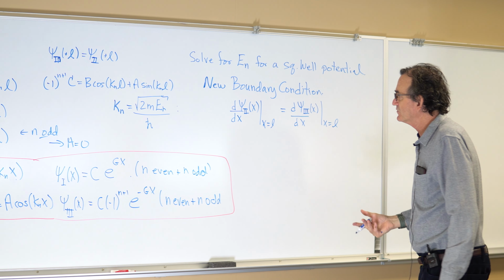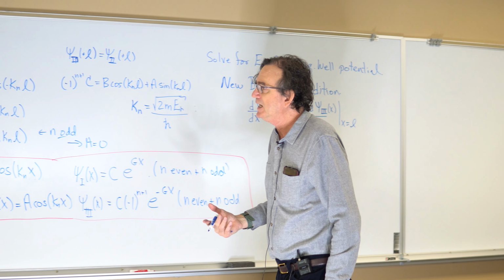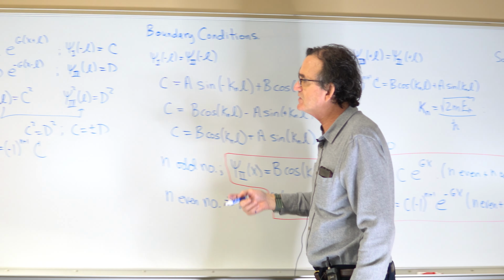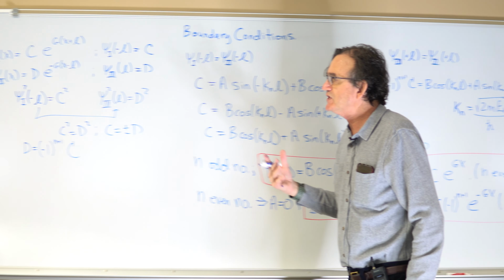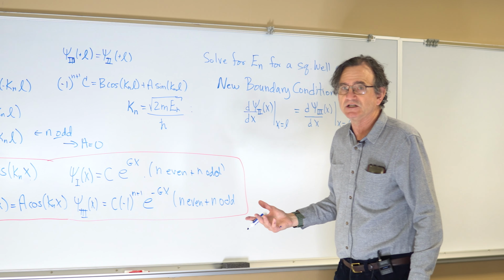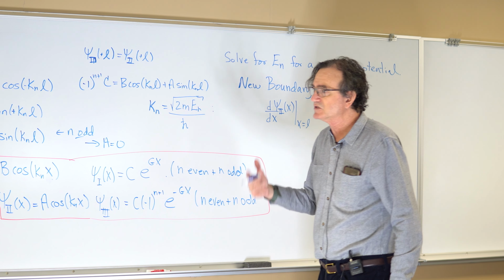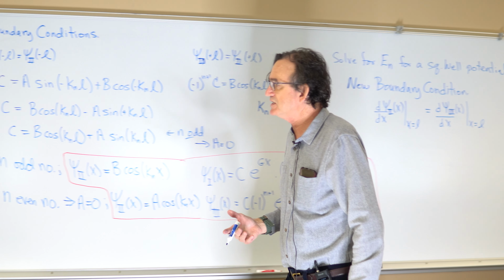And there are a couple of reasons for that. One is that the Schrodinger equation involves the second derivative, and the second derivative can only exist if the first derivative is continuous. If the first derivative is discontinuous, then the second derivative does not exist at the boundary.